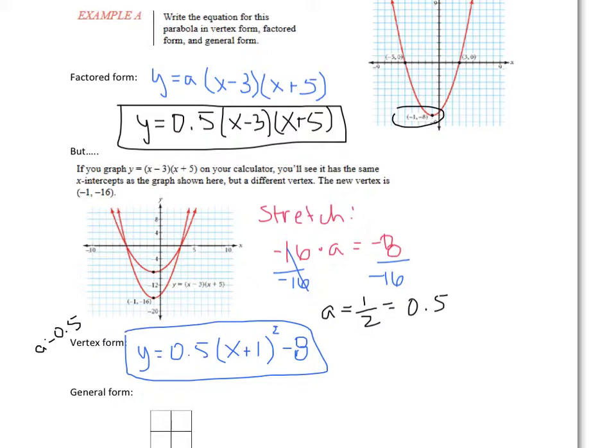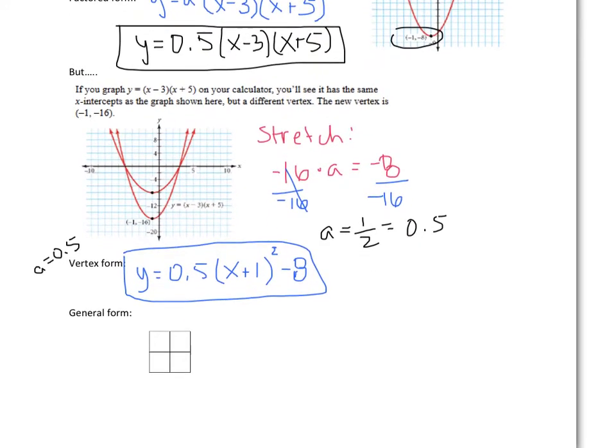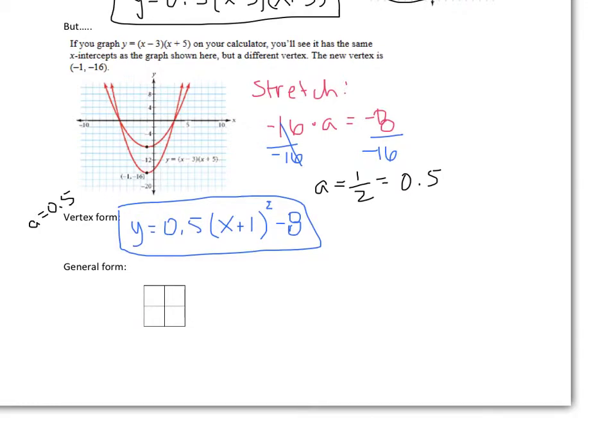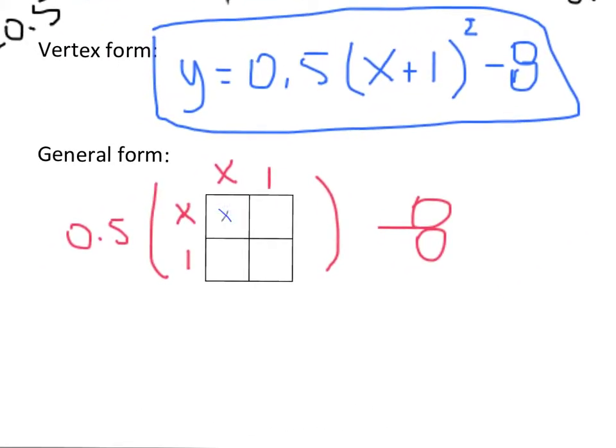Now there's two ways to get our general form. We're going to expand either our factored form or our vertex form. Okay, and it is up to you which one you do, but the one we've practiced up to this point is expanding vertex form. So that's what we are going to do just for this example. So we have 0.5 times the quantity x plus 1 squared, and then -8. So if we set up our rectangle diagram, and fill that out, x times x gives us x squared, 1 times x is 1x, and 1 times 1 is 1.